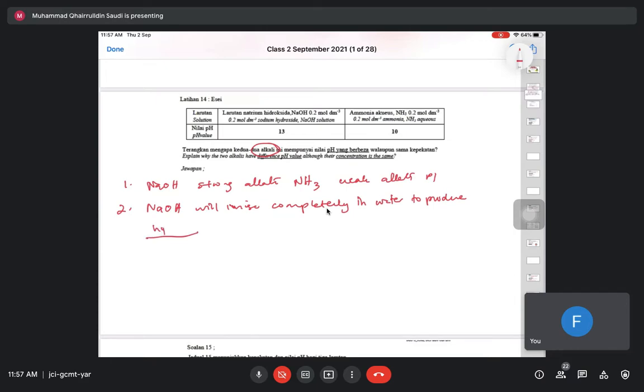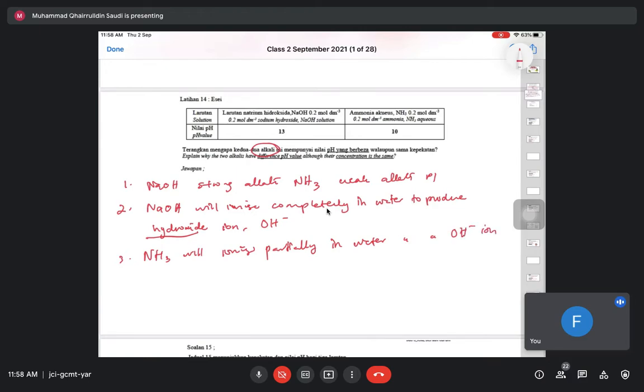Good. Hydroxide ion, to produce hydroxide ion, OH minus. The next one we talk about ammonia. Ammonia will ionize partially in water. Same, to produce hydroxide ion.